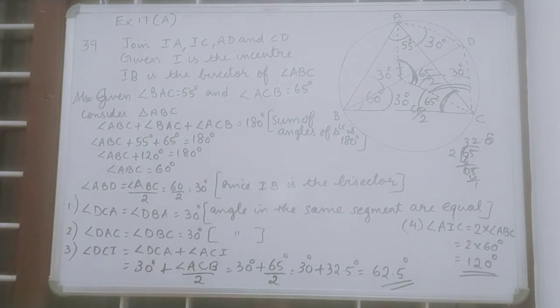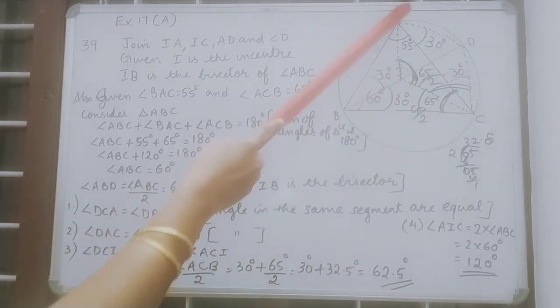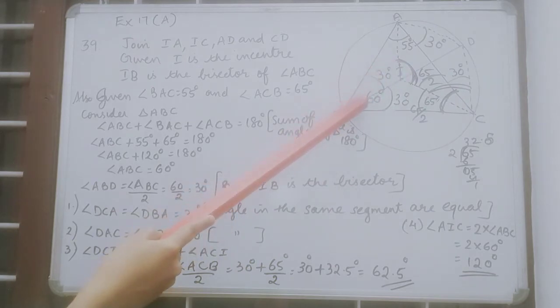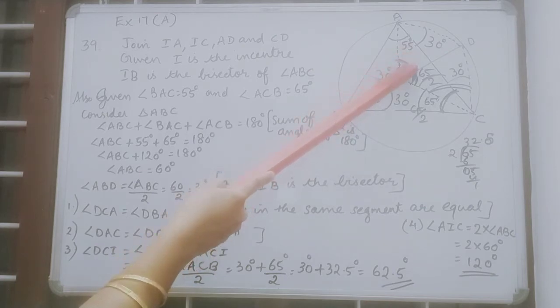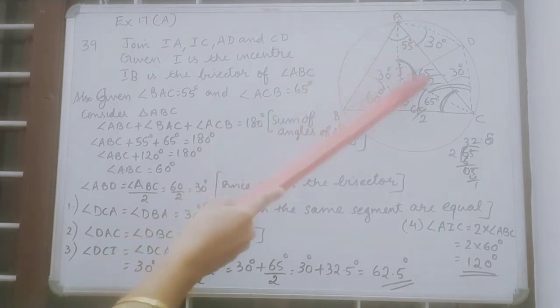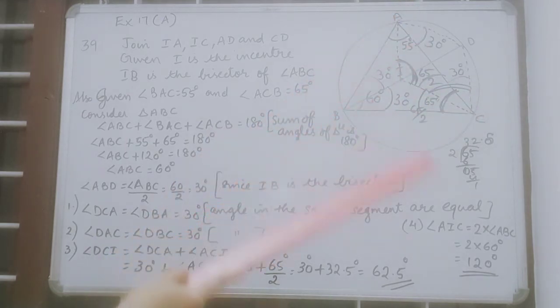So what about AIC? The relation between AIC and ABC: AIC will be twice angle ABC, that is, the central angle is twice the angle at the circumference. So AIC is equal to 2 into 60 degrees, that is equal to 120 degrees.